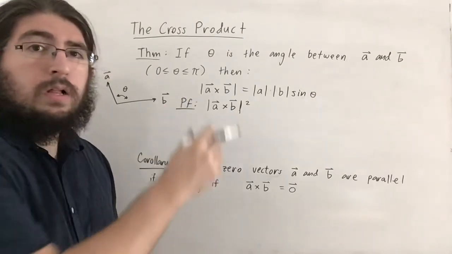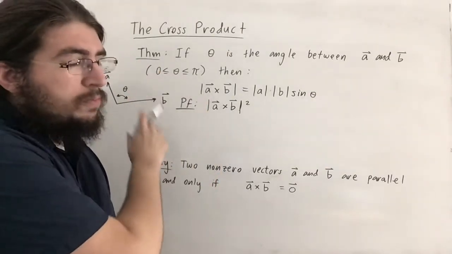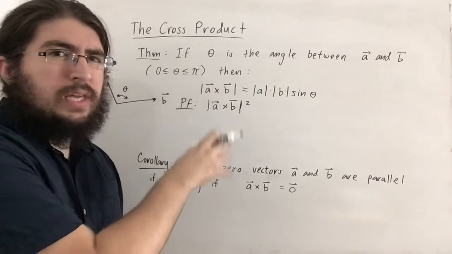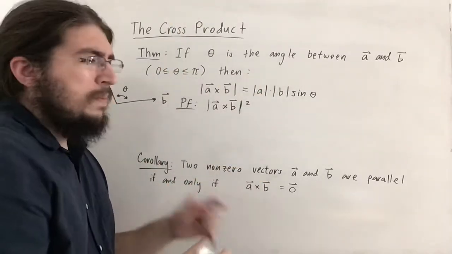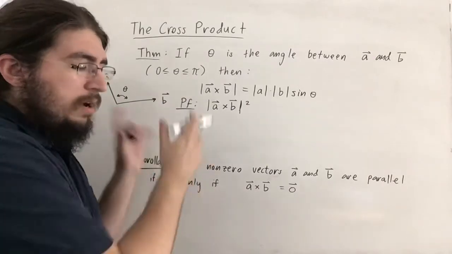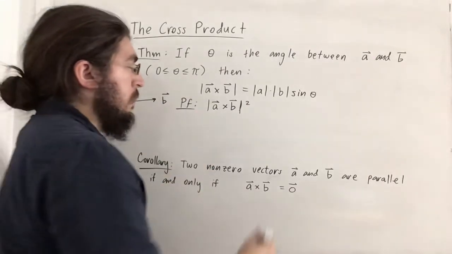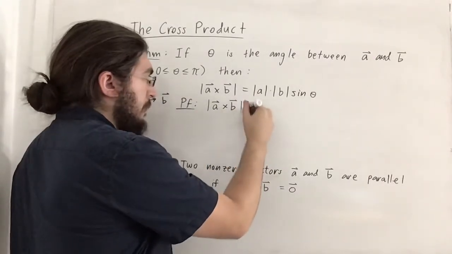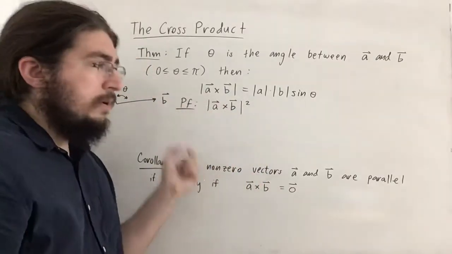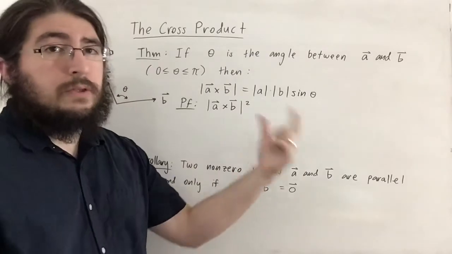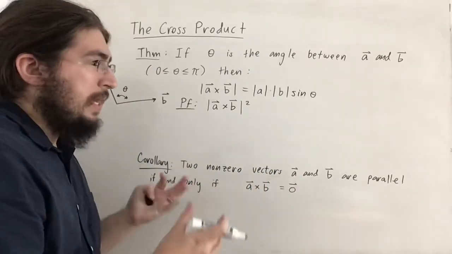That was the whole A2B3 minus A3B2 thing, where that's the first component, and the second, third, and so on. And remember, that's really just the determinant of that 3 by 3 that we've been working with, especially from the last example. So you can actually expand it out as being the first component squared plus the second component squared plus the third component squared. Then you can expand that out.